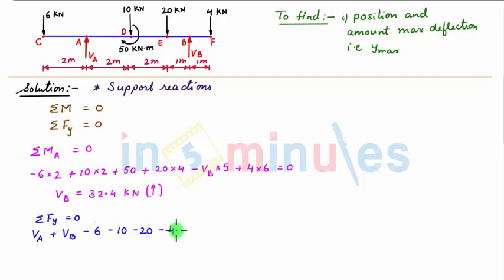Now substituting the value of VB as 32.4 kilonewton in this equation, we have VA plus 32.4 minus 40 is equal to 0. So we get the value of VA as 7.6 kilonewton, which is again positive. So this VA is also upward.